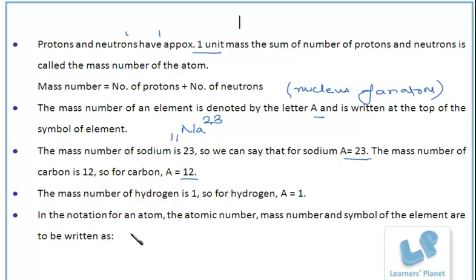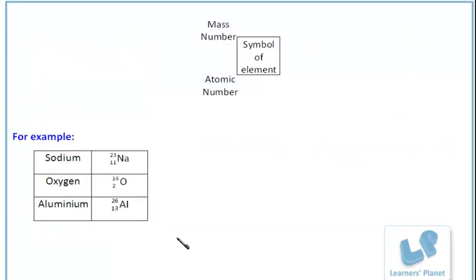Now in the notation for an atom, the atomic number, mass number and the symbol of the element are written as follows. I'll show you. See, this is the symbol of the element, the mass number on the top and the atomic number at the bottom. Atomic number is equal to number of protons, right?